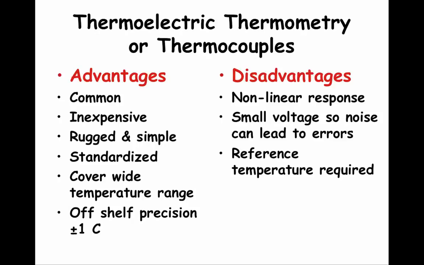So the relation has to be found and used. Finally, thermocouples require a second reference temperature input. We will talk about reference temperatures more later. So while thermocouples are common, the disadvantages need to be overcome.